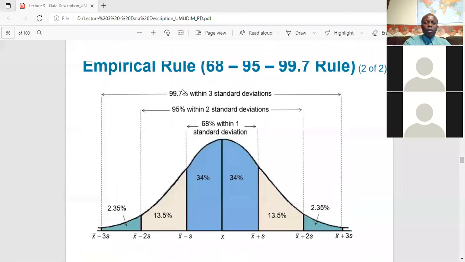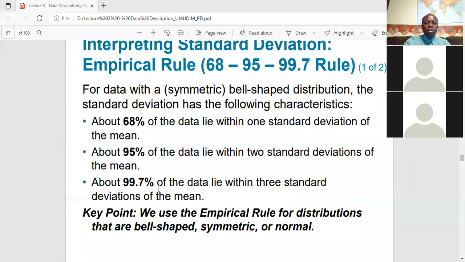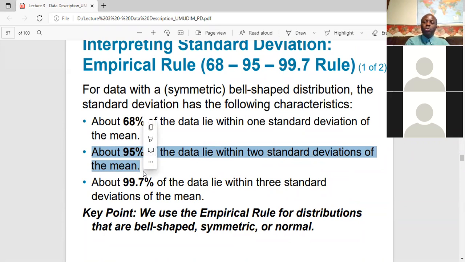Now, 95%, according to the empirical rule, of all data values lie within 2 standard deviations. The data values that are within 2 standard deviations are considered normal. For example, the normal blood sugar level for somebody who doesn't have diabetes falls within a particular range.